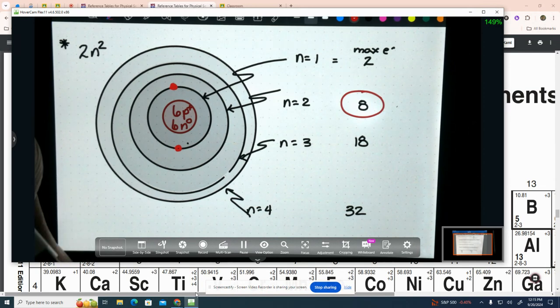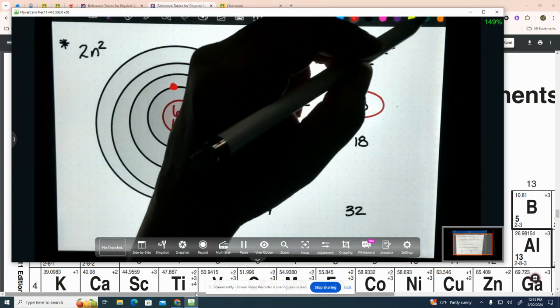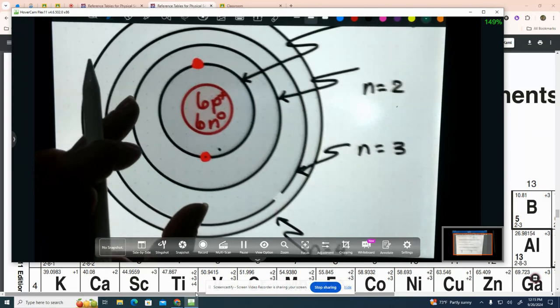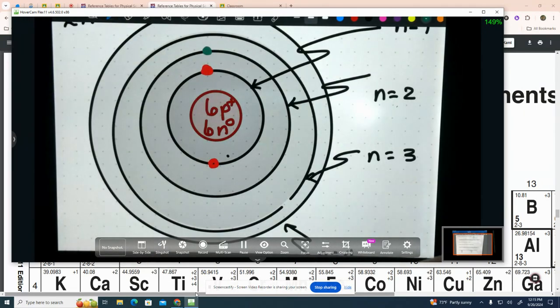When we diagram electrons, and they start to get a little bit more complicated, especially when you get up around 8 electrons and all that kind of stuff, this is how I want you to do it. Everybody's eyes need to be up here because this is important. I'll draw them in green just so you don't get confused with the red dots. You're going to put your first one at the 12 o'clock position. 12 o'clock is up here.